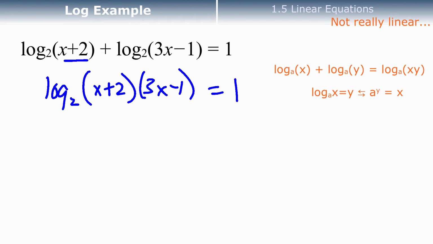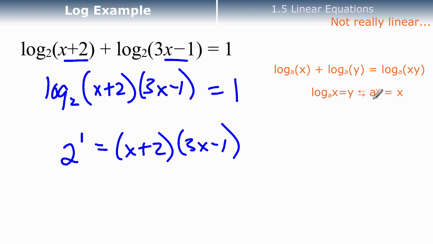So I multiply this by that, and I've combined those two things into one log. Then there's another rule that says I can change something from log form to exponential form. So it'd be 2 to the first is equal to x plus 2 times 3x minus 1. That's this rule right there.